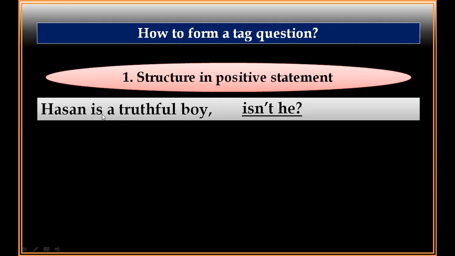That's why is not. Contraction form will be isn't. Here subject is Hassan. For Hassan we'll write the pronoun he. So what is the correct tag question? That will be isn't he. Hassan is a truthful boy, isn't he?